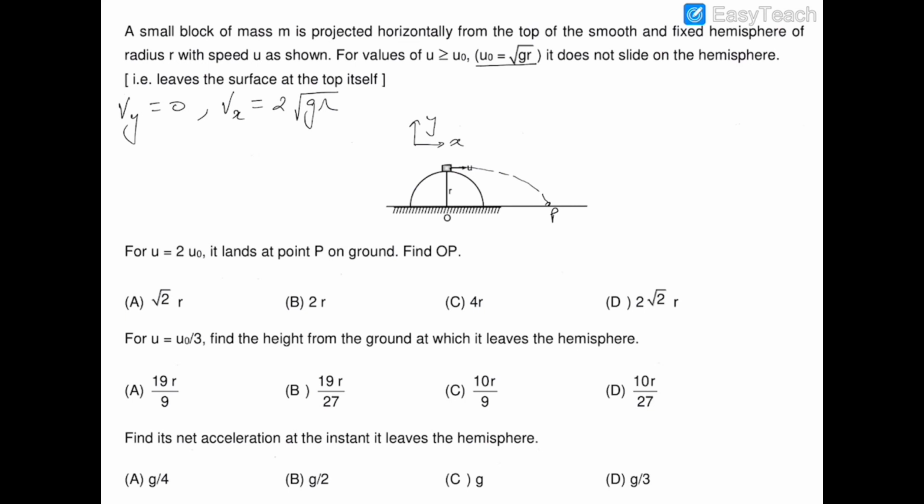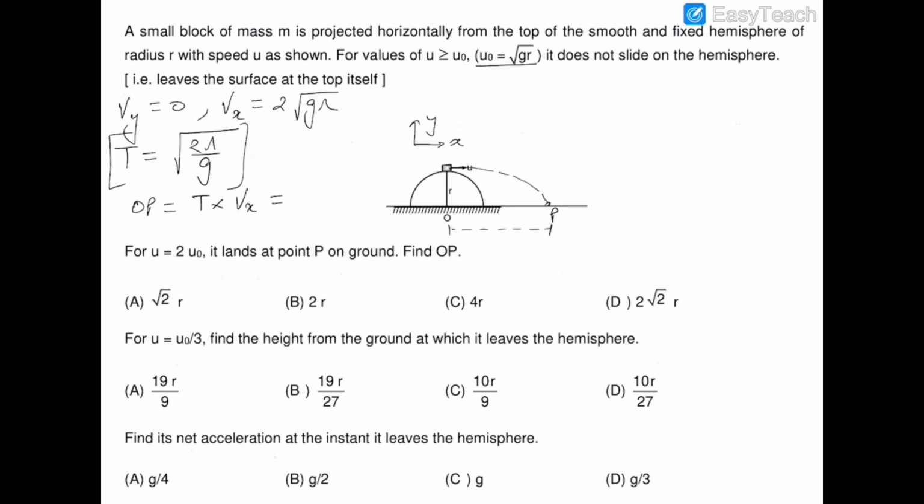So the time of flight will be under root of 2r by g, which is the direct formula of time of flight, and the range, which is the distance OP, will be equal to time of flight into velocity vx.